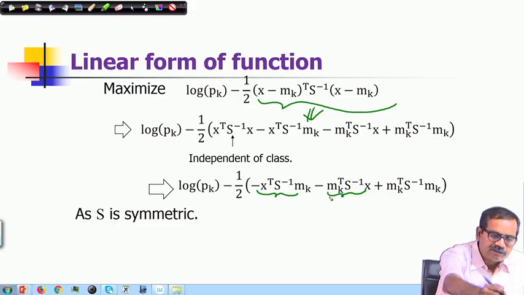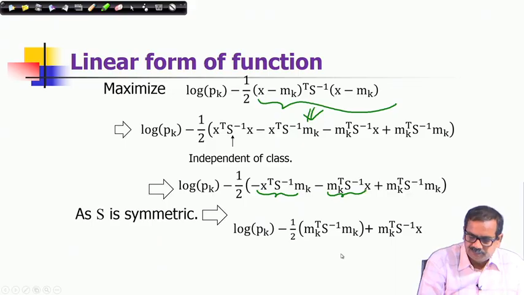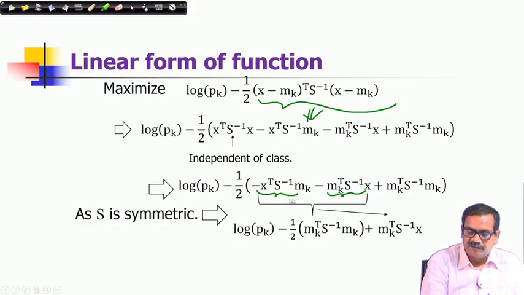Let us show the algebraic operation. You can see that these 2 terms we can combine into a single term, because they are the same. We simply add them, and finally, we get this expression.